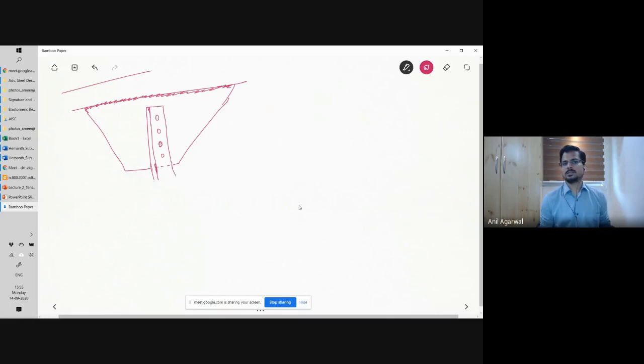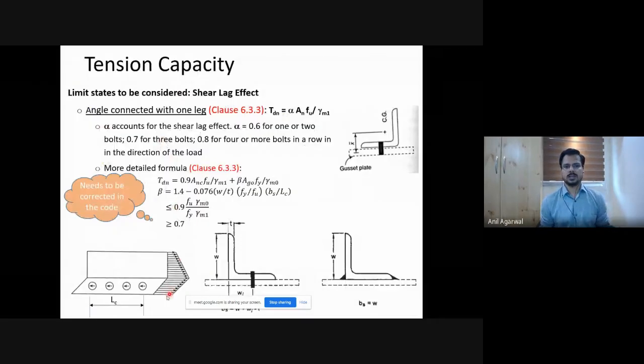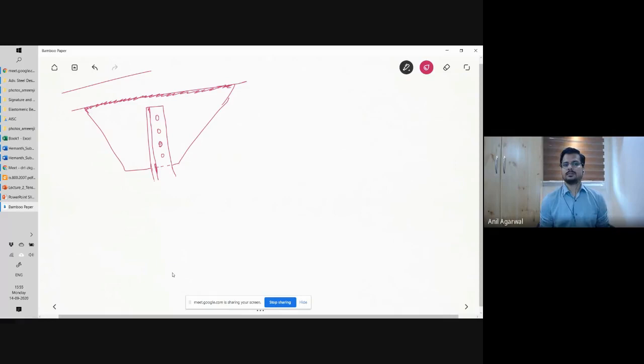But now the challenge is that only one leg is connected, and as a consequence, the stress distribution in that angle is of this kind. This leg almost has a uniform stress, but the other outstanding leg is not under uniform stress. So the entire member is not going to fail simultaneously, and the effective strength available to you will be reduced. That is a very common situation.